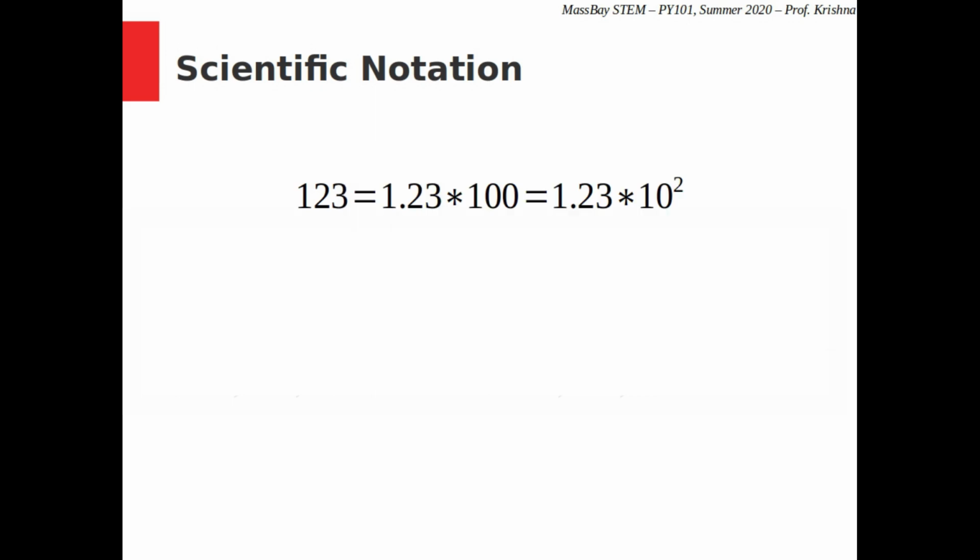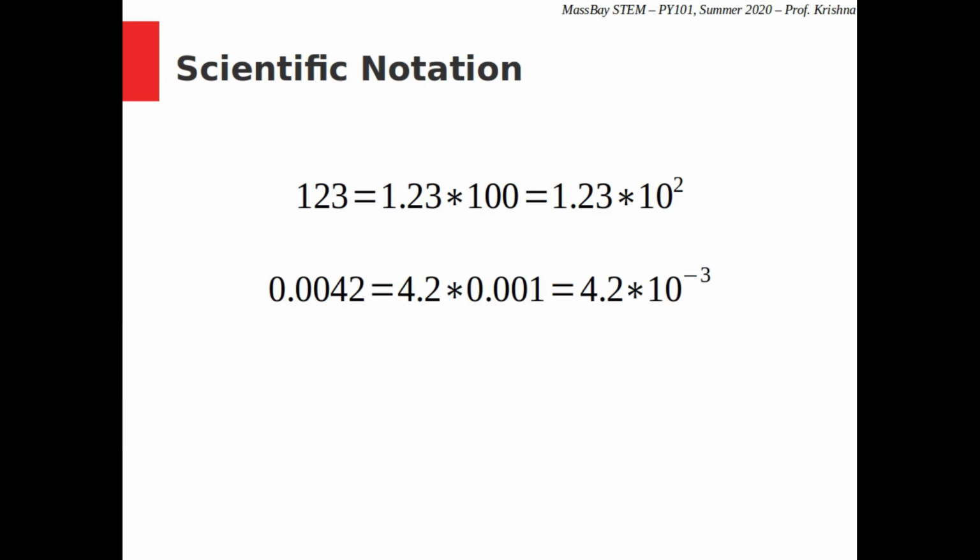In scientific notation, there is always one digit before the decimal point, and the number is multiplied by the appropriate power of 10. So in scientific notation, we would say the number 123 equals 1.23 times 100, or 10 to the power of 2. We would write it as 1.23 times 10 to the power of 2.